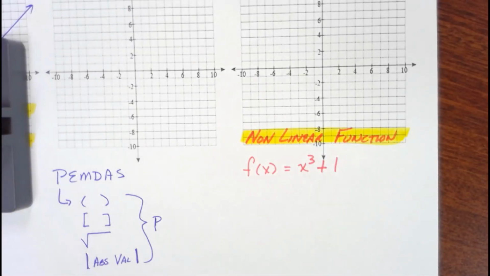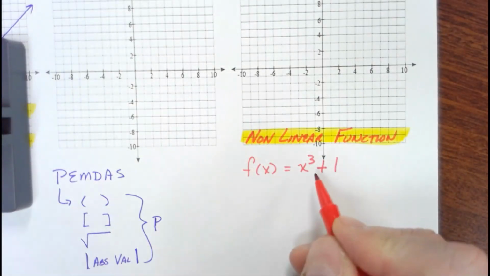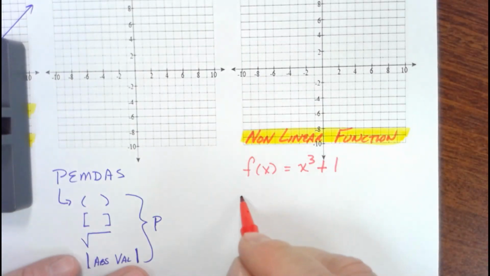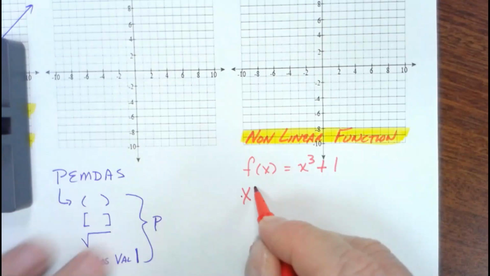Okay? So I have f of x is equal to x cubed plus 1. I'm again going to have some values here.